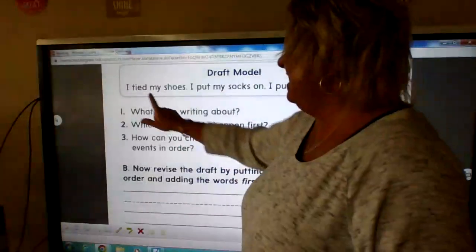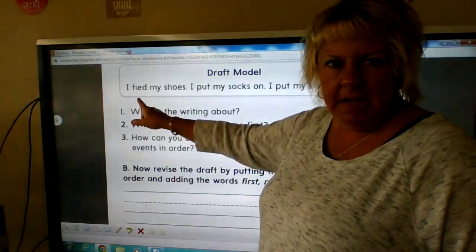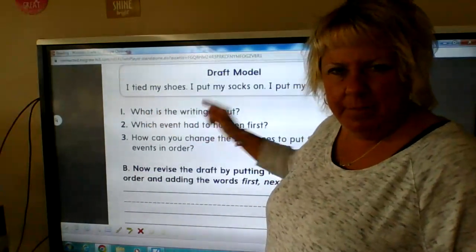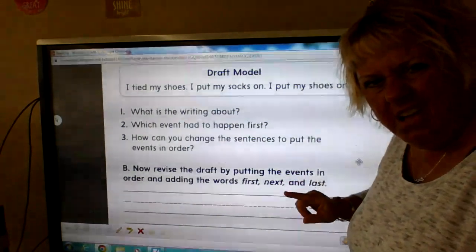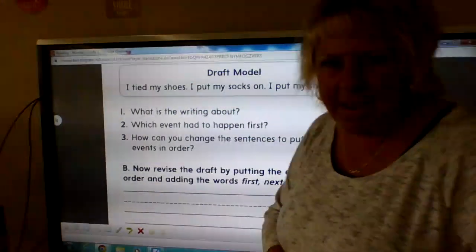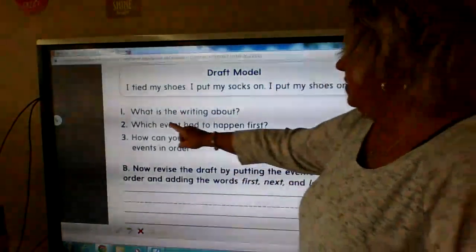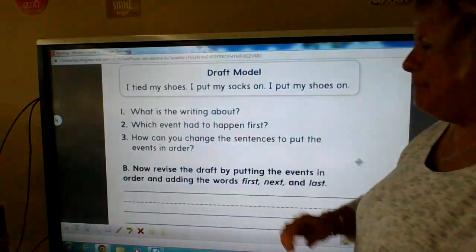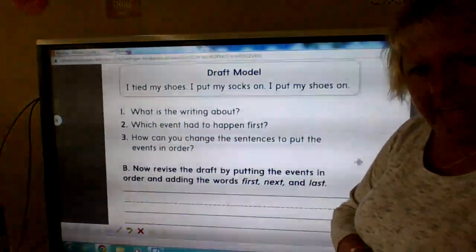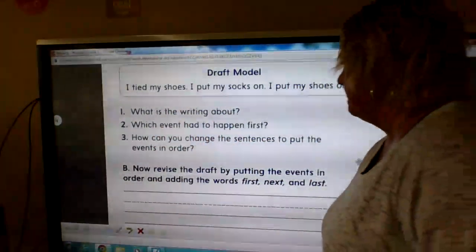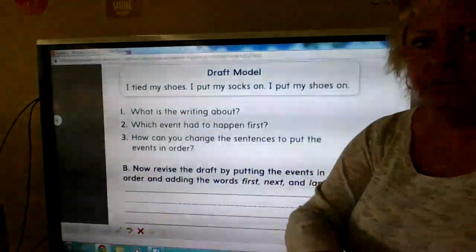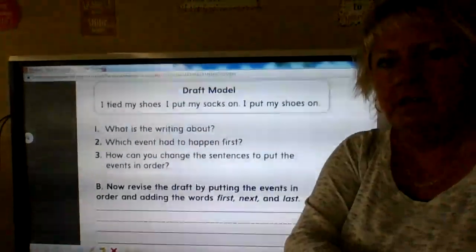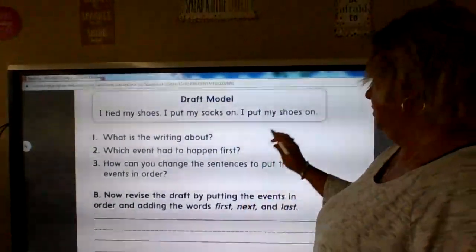Look, guys, is this in the right order? I tied my shoes. I put on my socks. And then I put my shoes on? That's not in the right order, is it? Which event had to happen first? What did they have to do first? Tie your shoes, put your socks on, or put your shoes on.